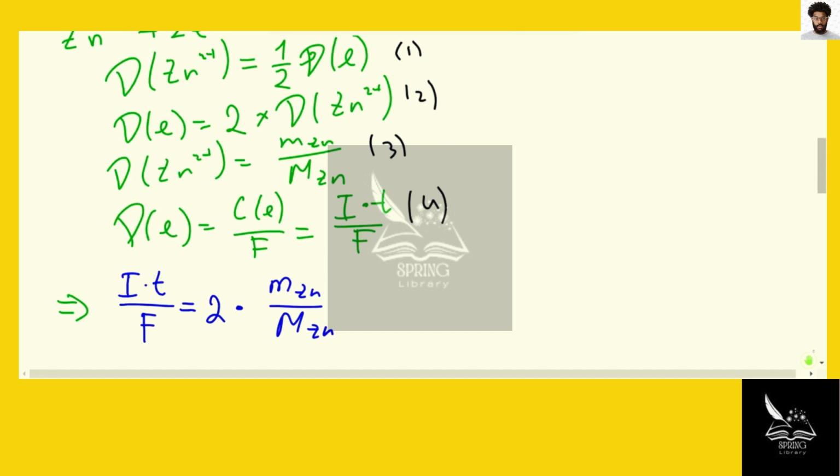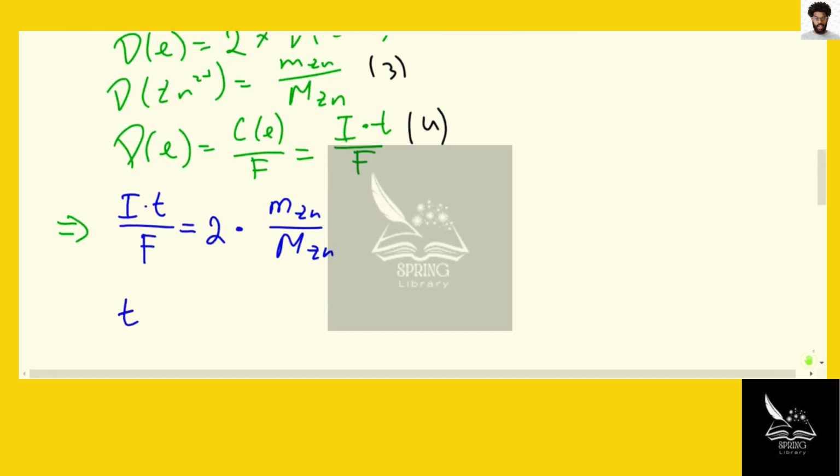From this equation, time equals 2 multiplied by the mass of zinc divided by the molar mass of zinc, multiplied by the Faraday constant and divided by current.